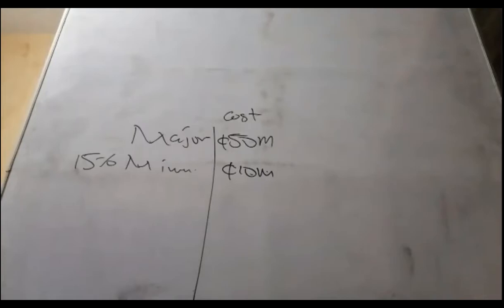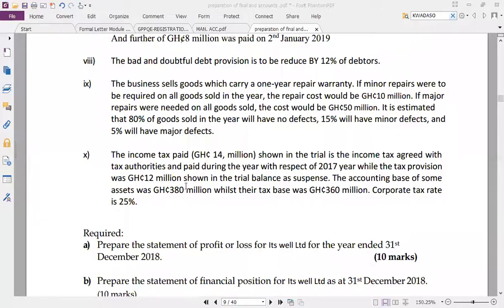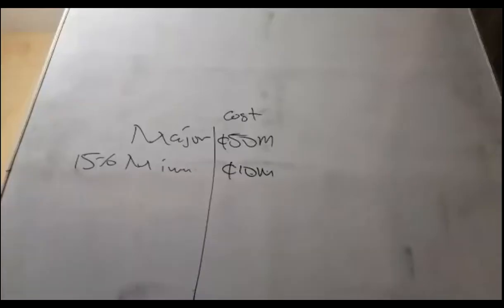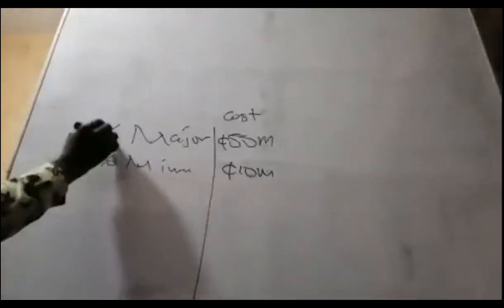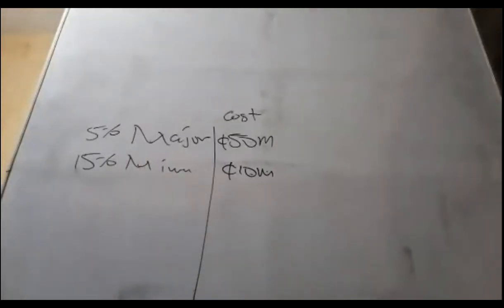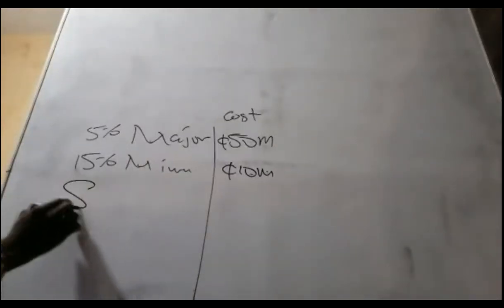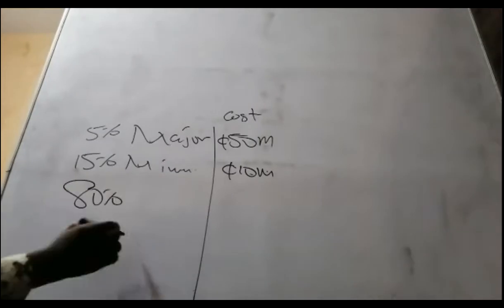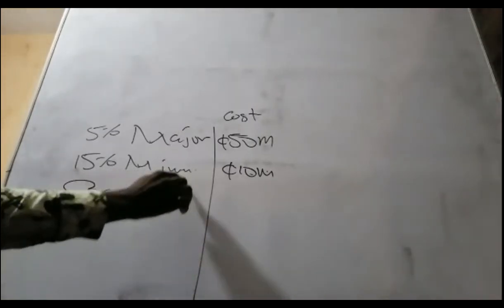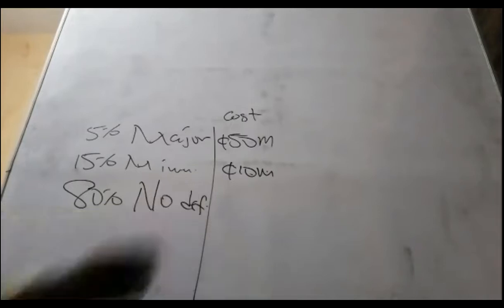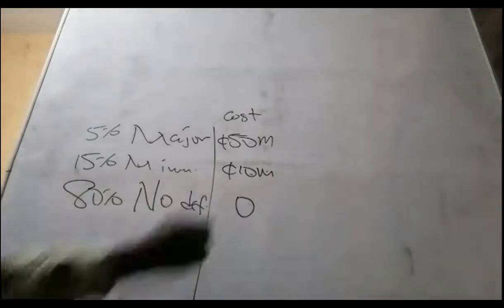So no defect is 80% according to the question. So 80% of the goods in the year will have no defect, 15% minor, and 5% what? Major. So 5% will be major, 15% minor. Then the remaining 80% will be what? No defect. If no defect, that means no repair. So repair cost is 0.